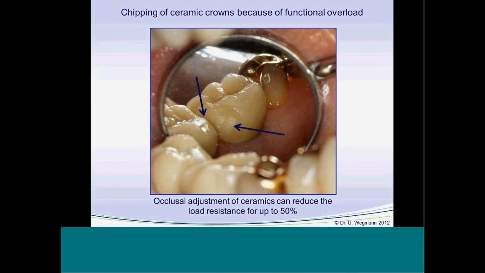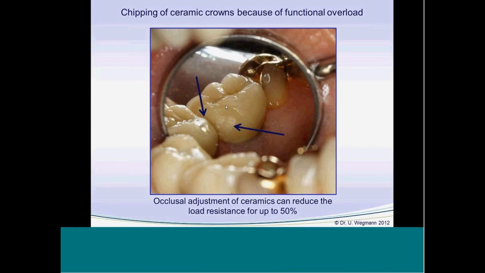One of our main problems today with fixed crowns and bridges is that we make them with ceramics. Ceramics are very hard materials, but when we have functional overload on these crowns, we get chipping. Chipping means that the occlusal surface of the tooth breaks and we lose parts of the occlusal surface.